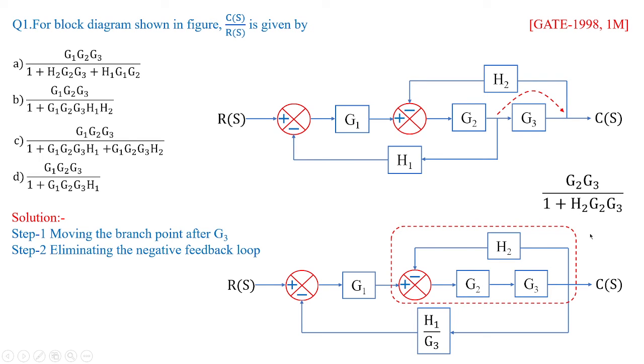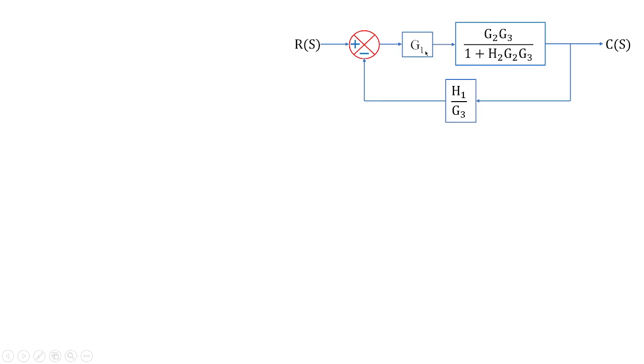So this is a transfer function of this feedback path. So you can easily remove this entire feedback loop with the parameter of G2 G3 by 1 plus H2 G2 G3. Okay, so this is going to be done over here. Now you see we have just replaced that feedback loop, and we kept this G2 G3 by 1 plus H2 G2 G3.